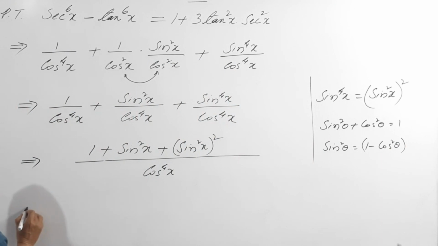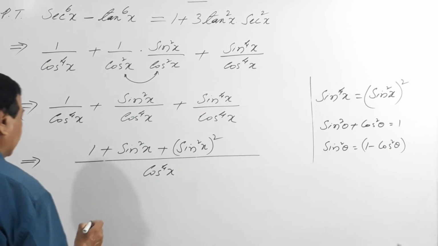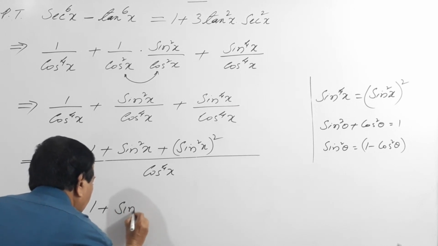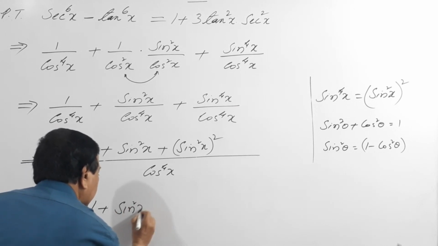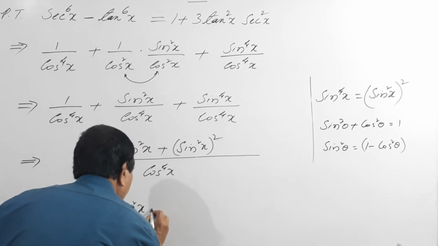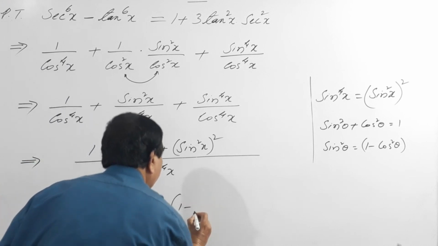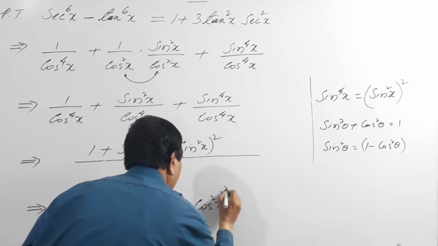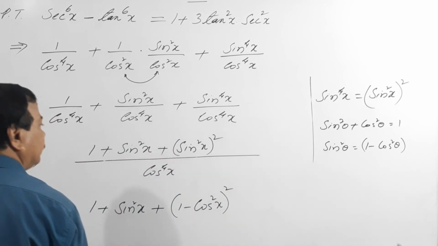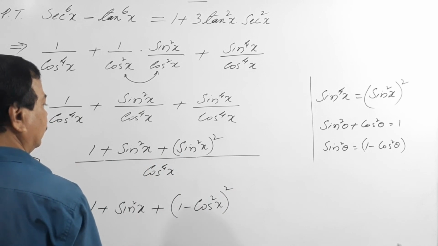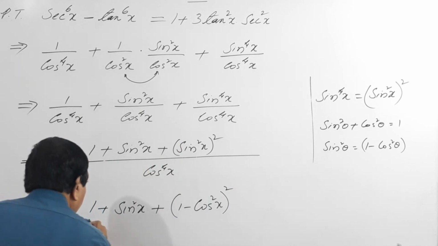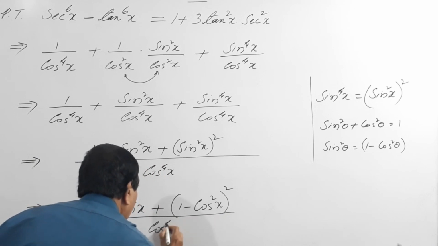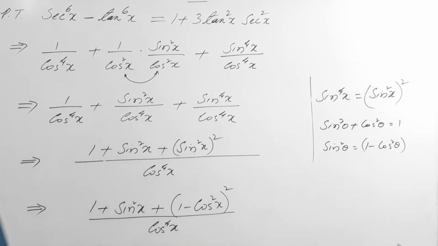So this equals 1 plus sine square x plus 1 minus cos square x the whole square divided by cos to the power of 4x.